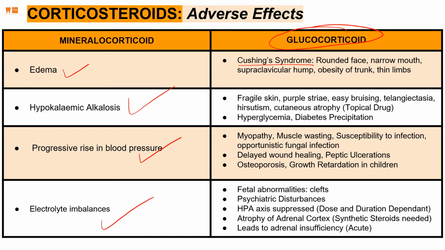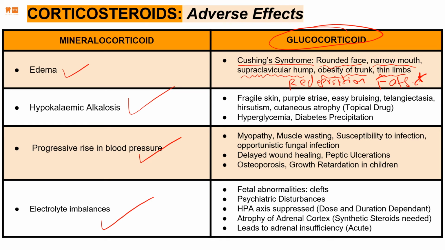Cushing syndrome. It can lead to round face, narrow mouth, supraclavicular hump, buffalo hump, obesity of the trunk and thin limbs, basically redeposition of fats.